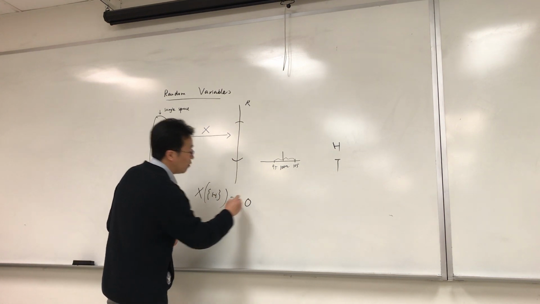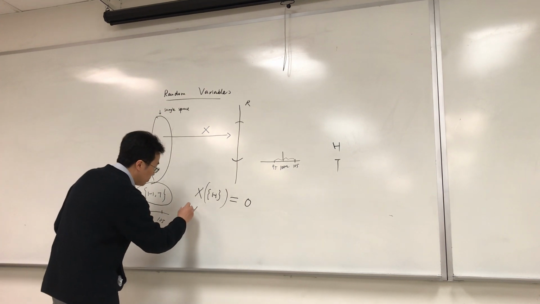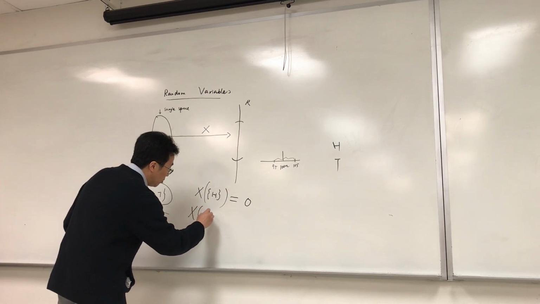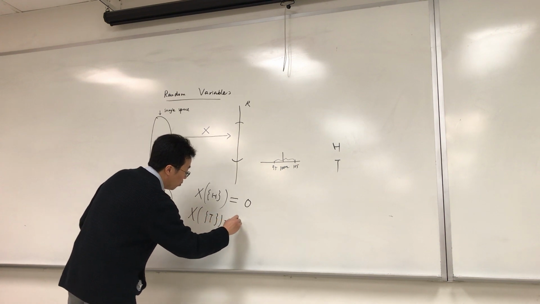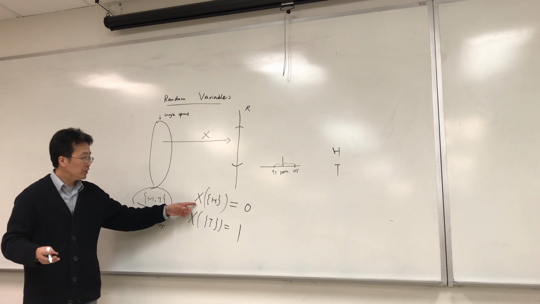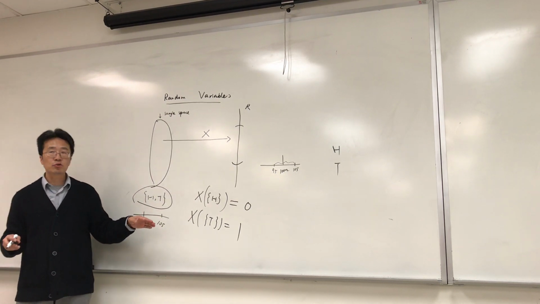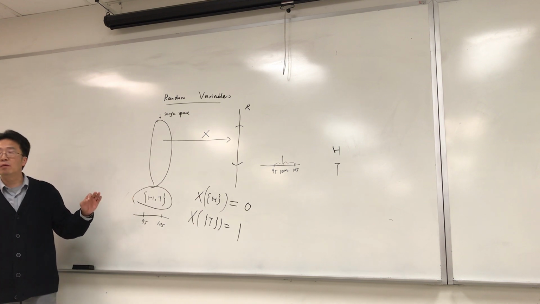Say 0. Okay? And we can map tail to 1. So now you can see this X represents the random variable associated with the flipping coin experiment.